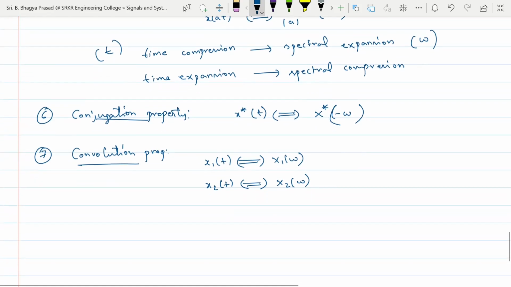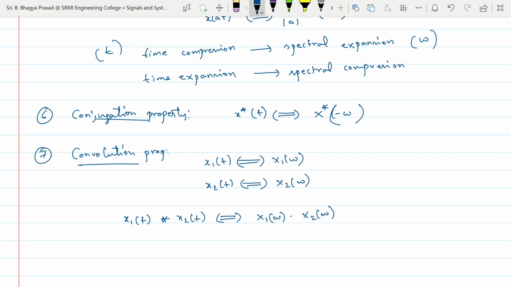If you go for the convolution of x1 of t and x2 of t, in the frequency domain this is the multiplication of the individual Fourier transforms, x1 of omega multiplied with x2 of omega. So convolution in the time domain is multiplication in the frequency domain.